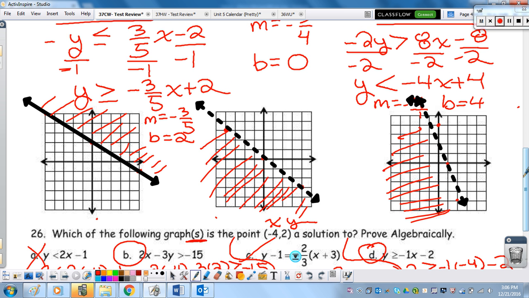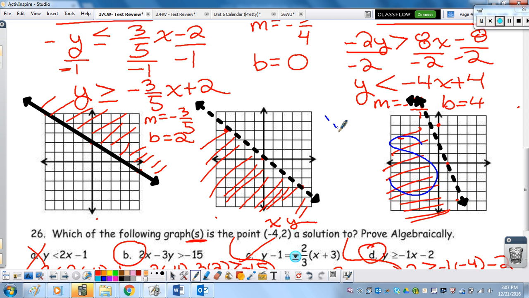So if you notice for inequalities, so I am going to label that for number 25, I believe, that this is a solution. Anything in this region is a solution. If you notice, if you're on a dotted line, that is not a solution, okay?